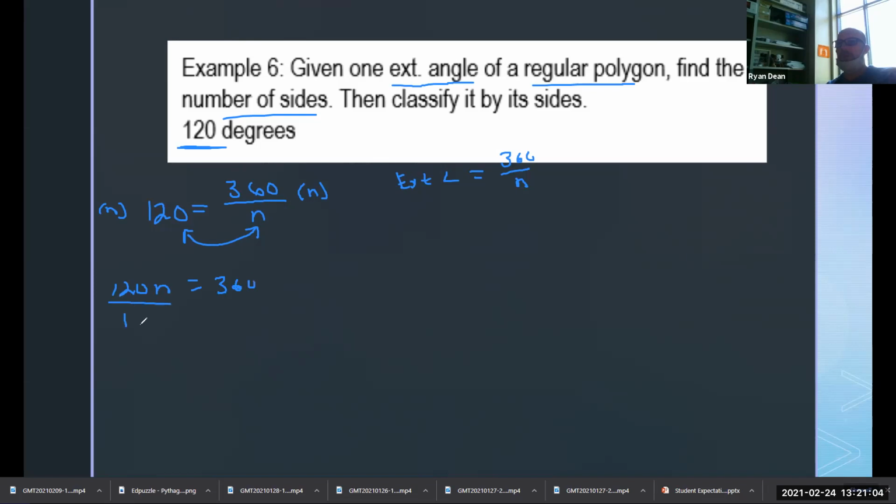And then I have to divide by 120 on both sides to get rid of it on the left. Okay, so as you can see here, these just replace each other. N is equal to 3. What shape has 3 sides? A triangle.